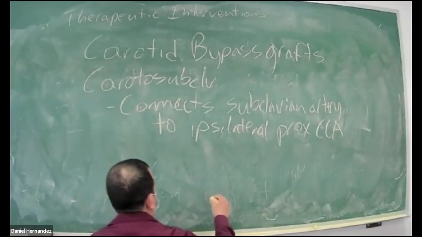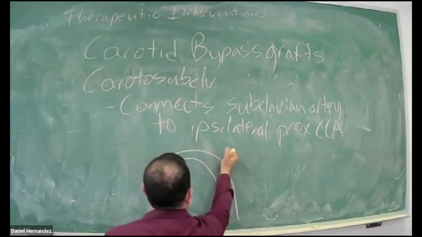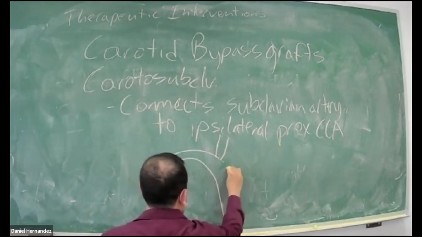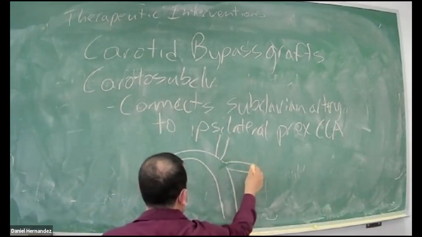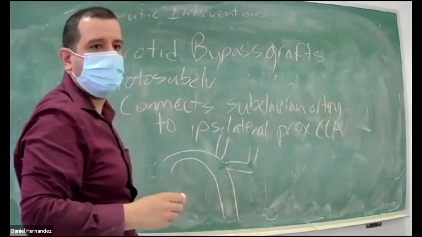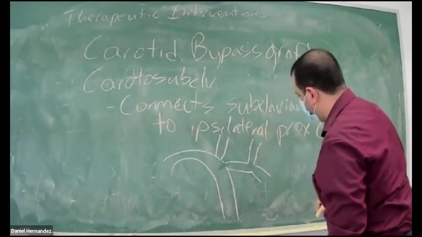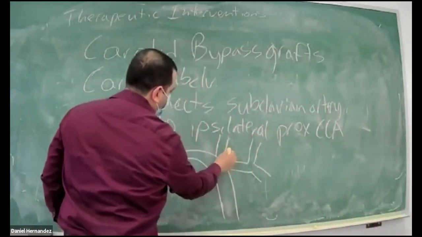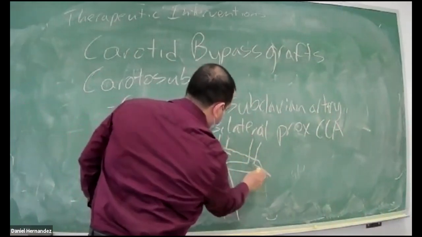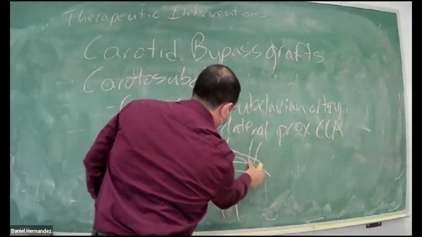So what does that look like? An arch. So we'll have a graft that connects the proximal CCA to the proximal subclavian over here.